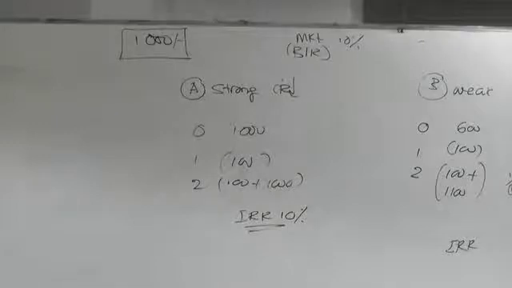Exactly 600. Therefore NPV is 0. IRR 50. Clear?